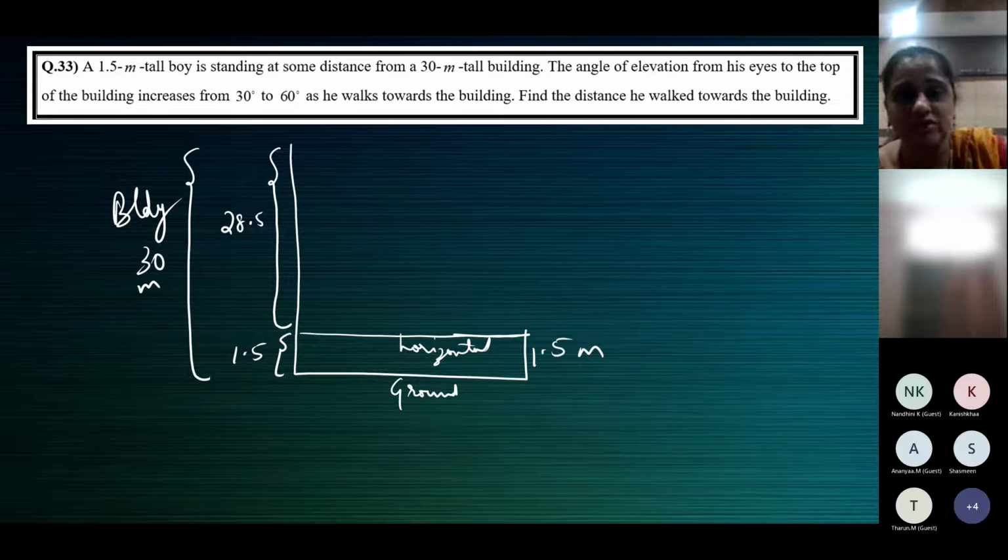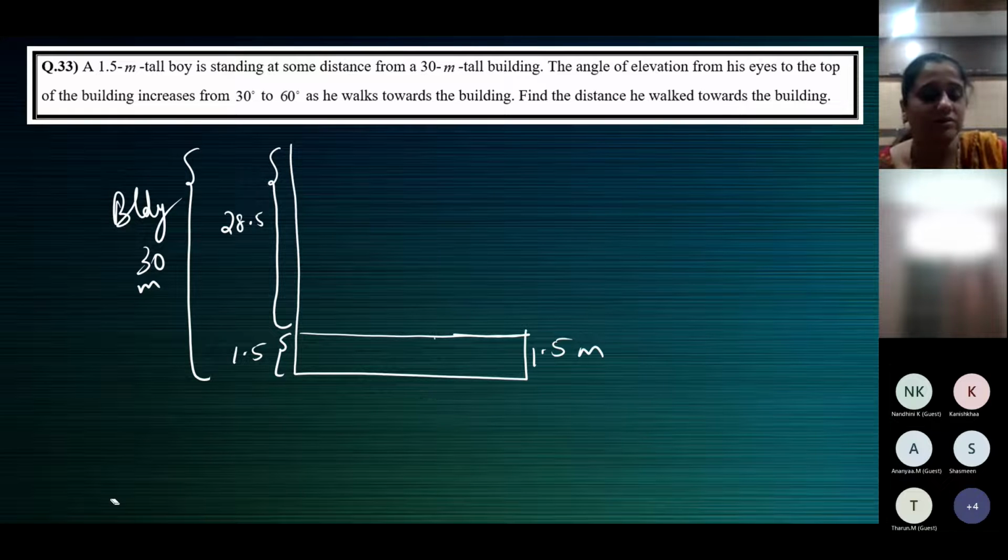So here the observer takes two positions. The building cannot move. The building is there wherever it is. The boy moves towards the building. It's given. So the boy is now here, where you can see 1.5, and then he moves closer to the building like this.